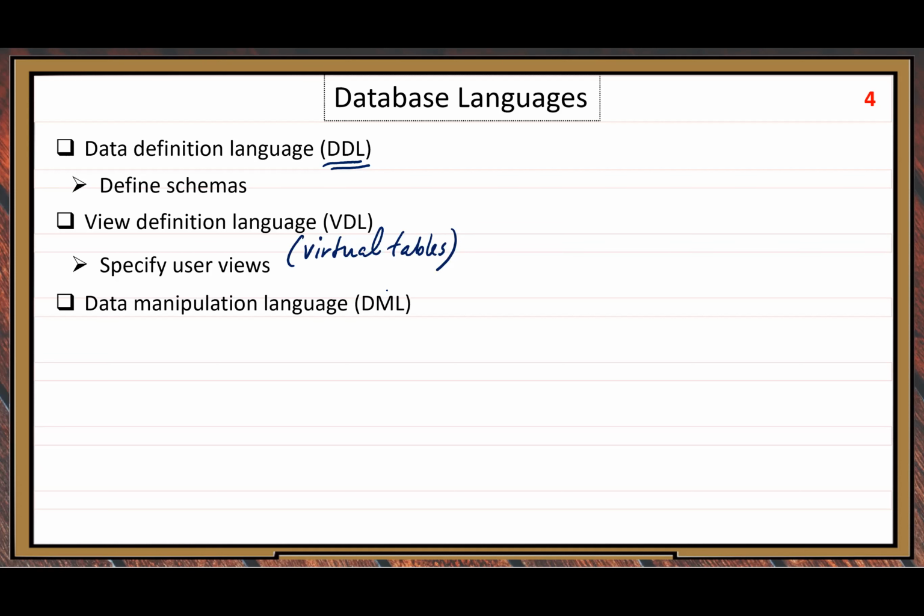DML, data manipulation language. It does the query operations, including retrieval, insertion, deletion, and modification. Those are the typical operations we use in a DBMS, so it's called DML.